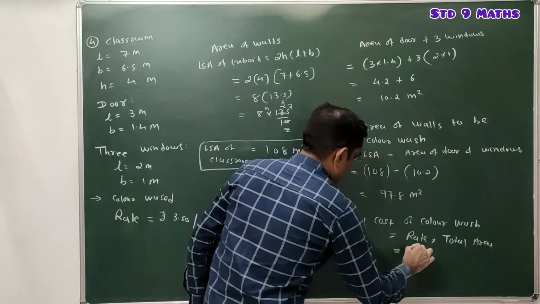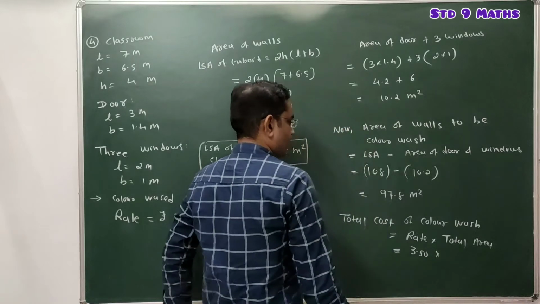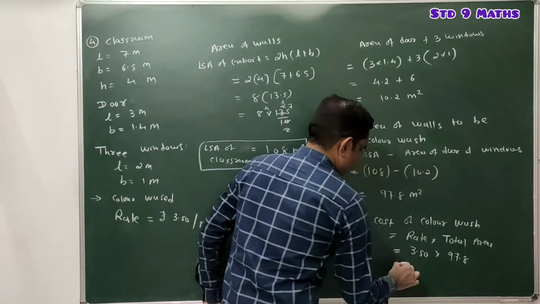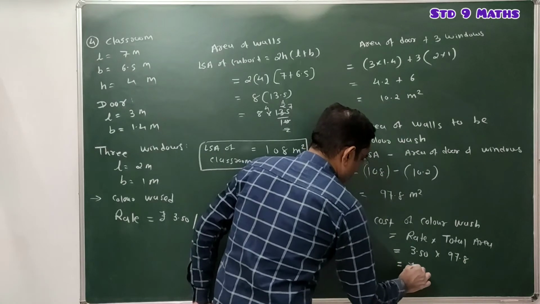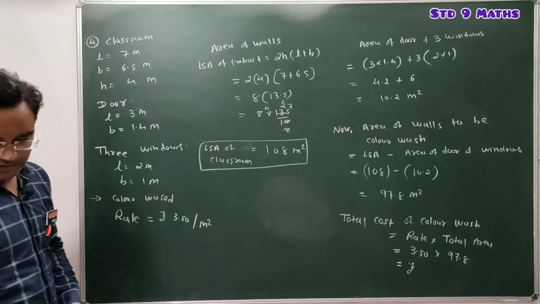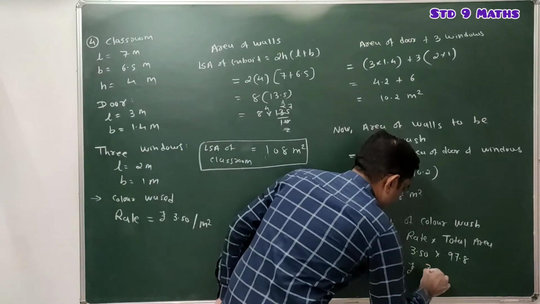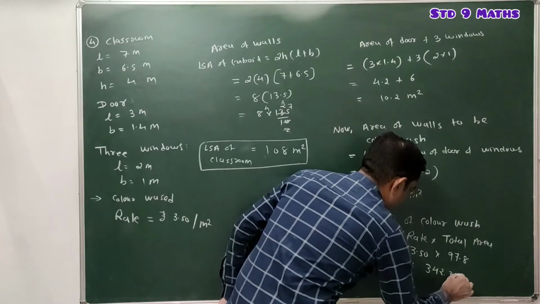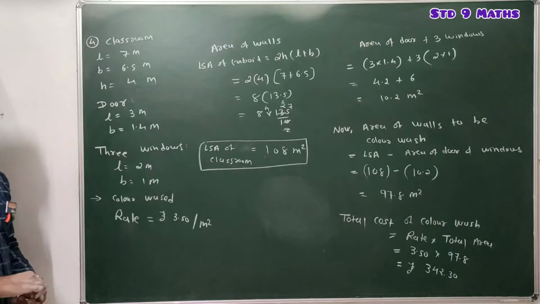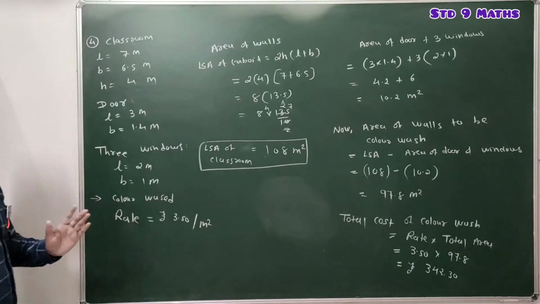What is the rate? It's 3.50, into area 97.8. So here by multiplication we are getting total cost of color wash, and that is equal to 342.30 rupees. Done, is the total cost of color washing the walls of this classroom.